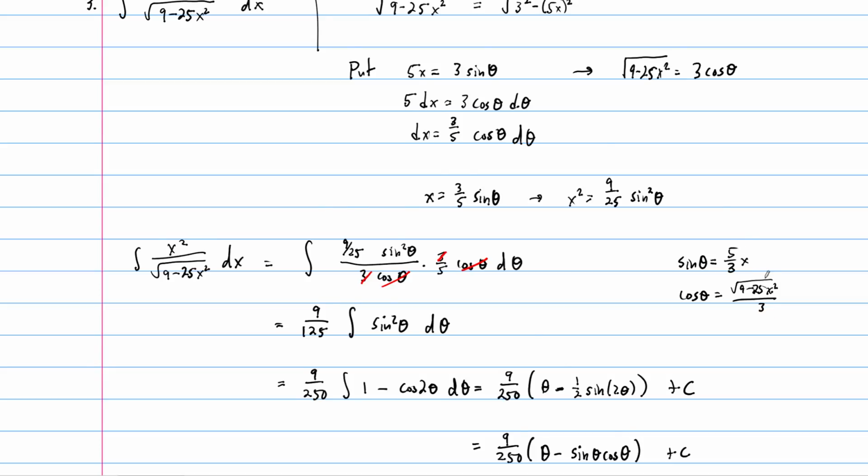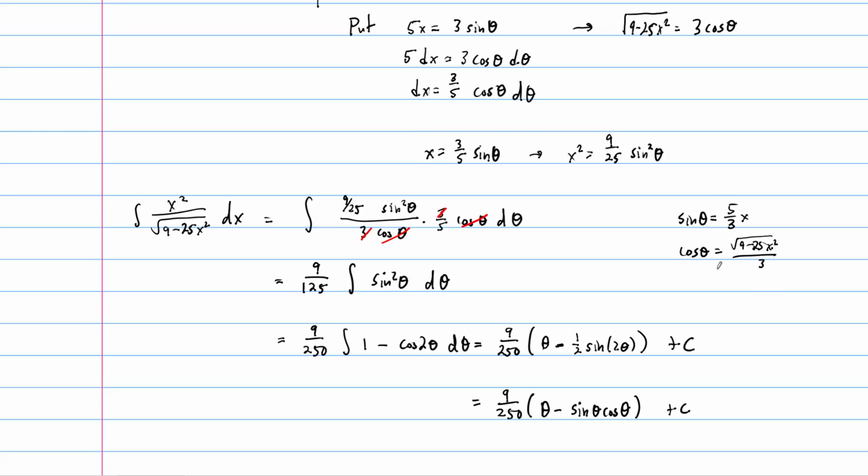That's going to be a product. And then theta itself, from here, is the arcsine of 5x over 3.